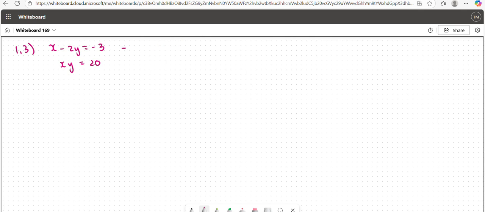So I'm going to use equation 1 and I'm going to make equation 3 out of it, which looks like that, by taking the 2y over, and I'm going to substitute equation 3 into 2.